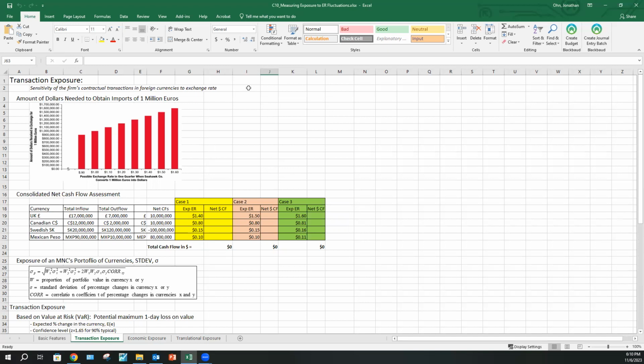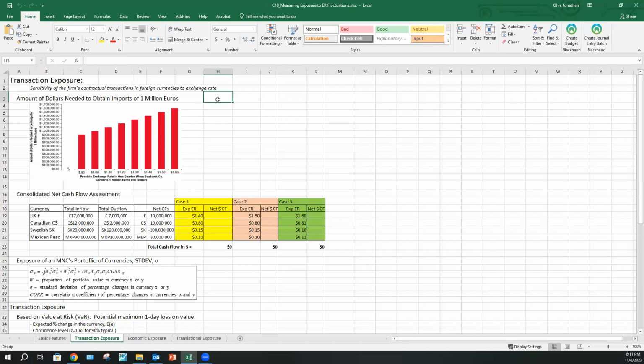All right. As we said, transaction exposure is about the sensitivity of the company's contractual transactions in foreign currencies to exchange rates. Suppose we have a business where we import 1 million euros of some product, some textile.